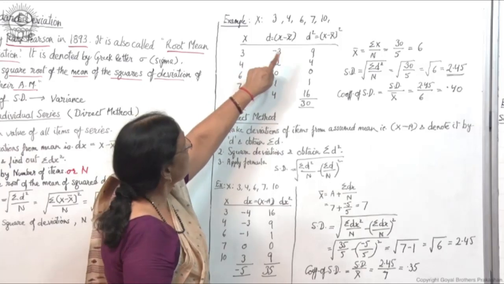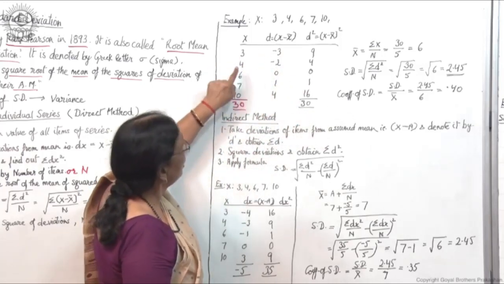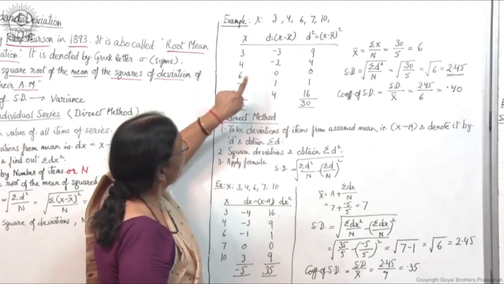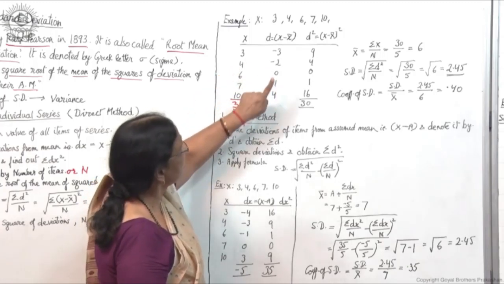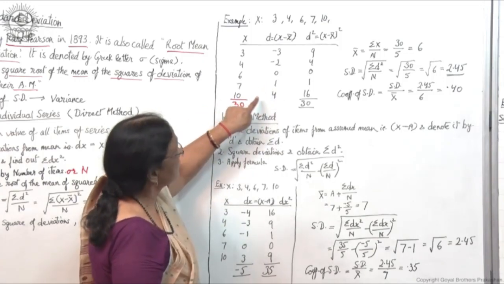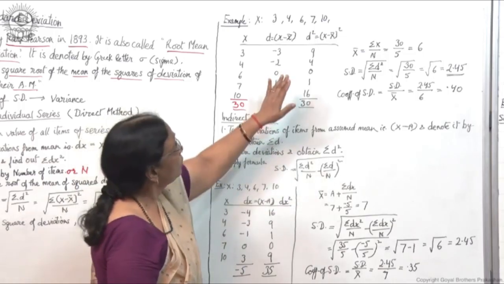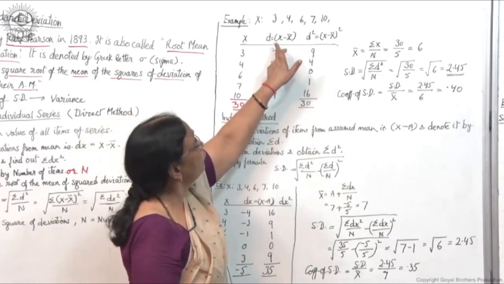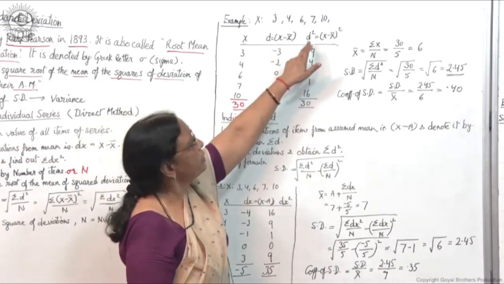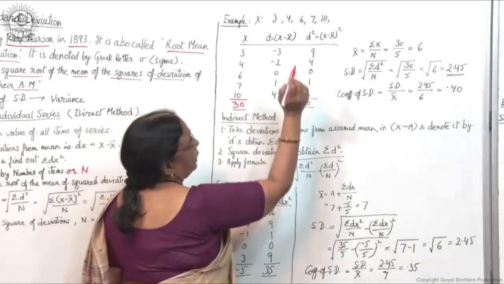So x minus x bar: 3 minus 6 is minus 3, 4 minus 6 is minus 2, 6 minus 6 is 0, 7 minus 6 is plus 1, 10 minus 6 is plus 4. Now the next step is to make a square of the deviation column, that is d square or x minus x bar whole square.